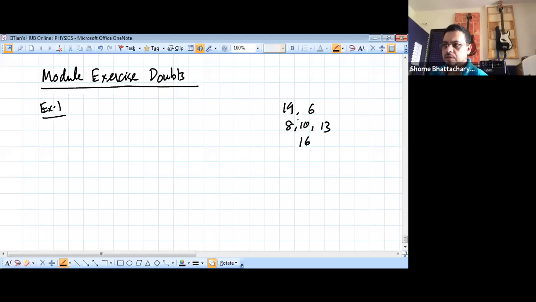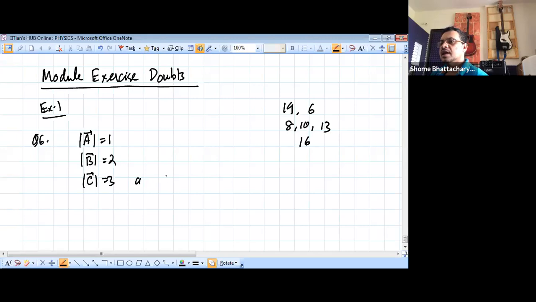Okay. So let's start with question 6 then. Yeah, question 6 is like this, that you have 3 vectors of magnitude 1, 2 and 3. So let's say magnitude of vector A is 1, magnitude of vector B is 2, and magnitude of vector C is 3.